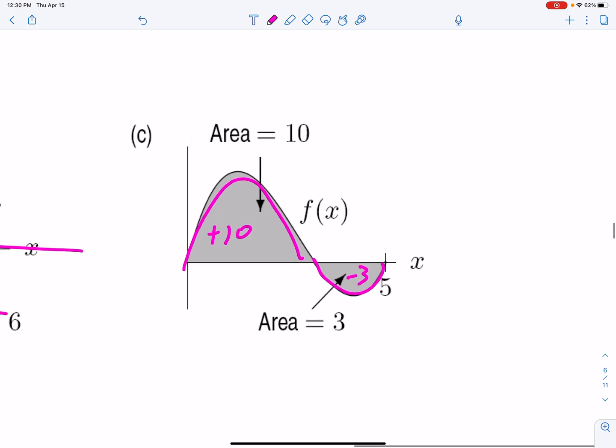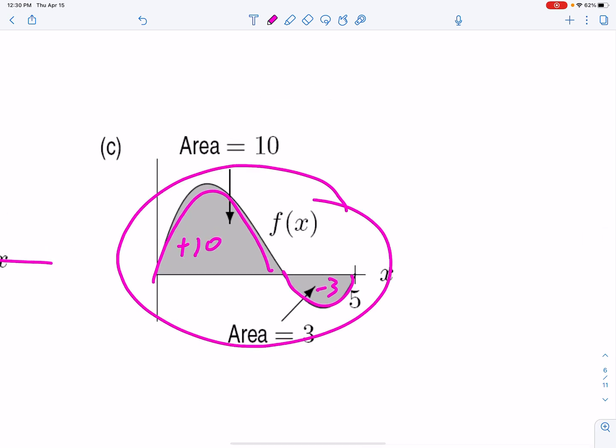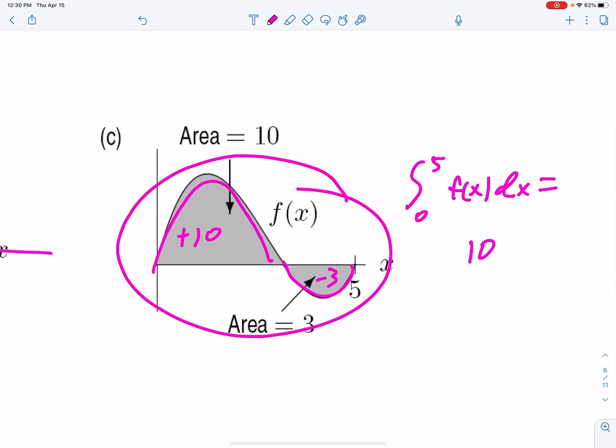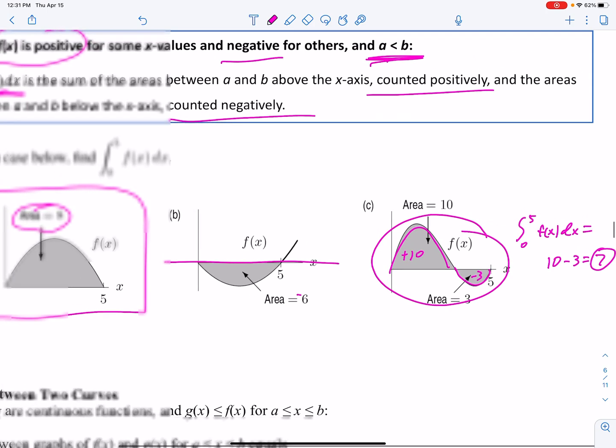All right, so in other words, if we want the total area of f of x here from 0 to 5, in other words, the integral from 0 to 5 of f of x dx, we would do the positive 10 minus the 3, which equals 7. Okay? And we should write it out like that for the others.